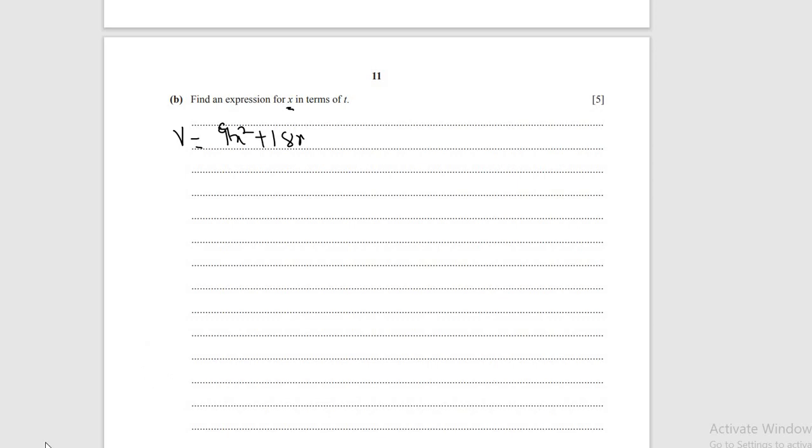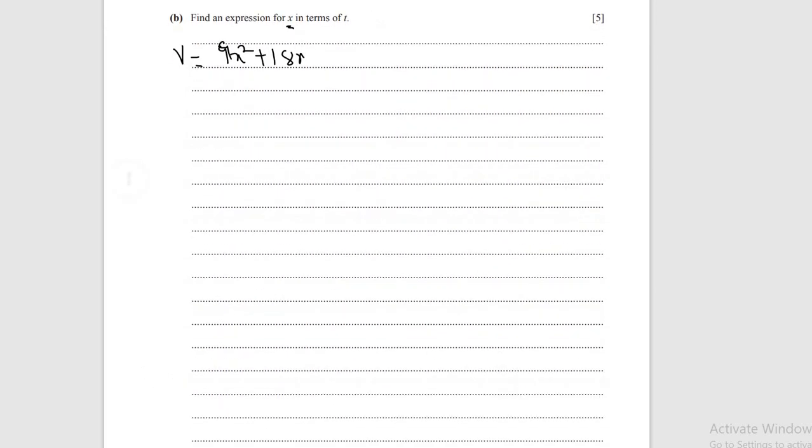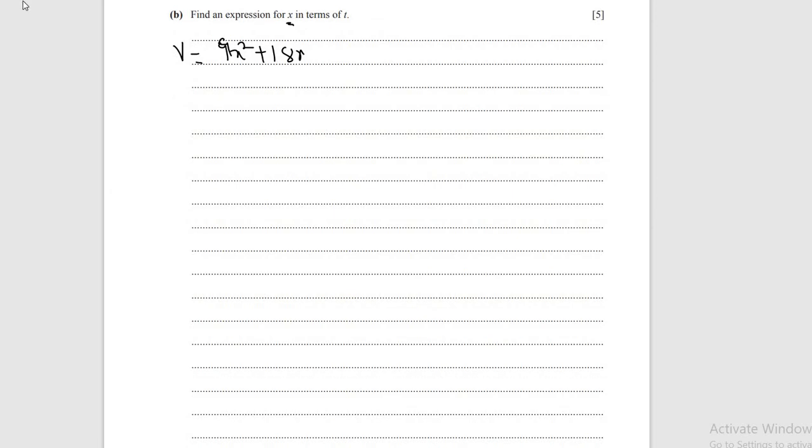Let's look at it like this. Now, let's factorize 9 bracket x squared plus 2x. dx over dt is equal to 9 bracket x squared plus 2x.